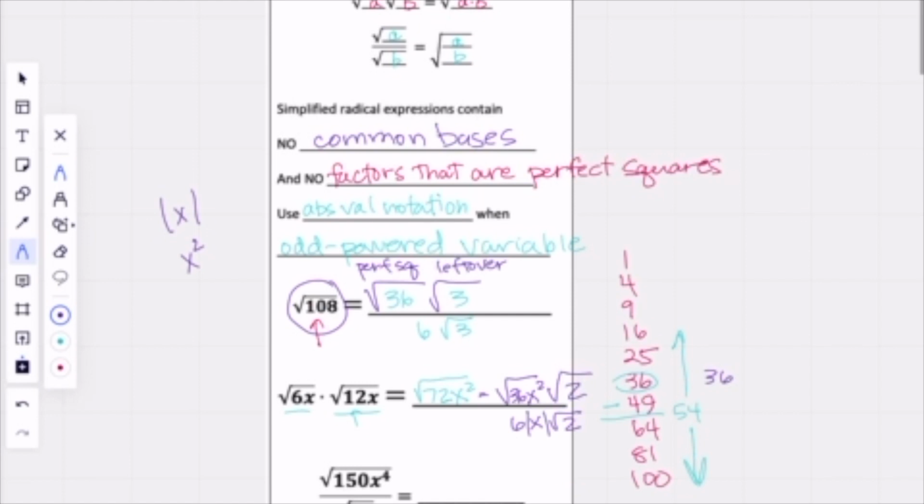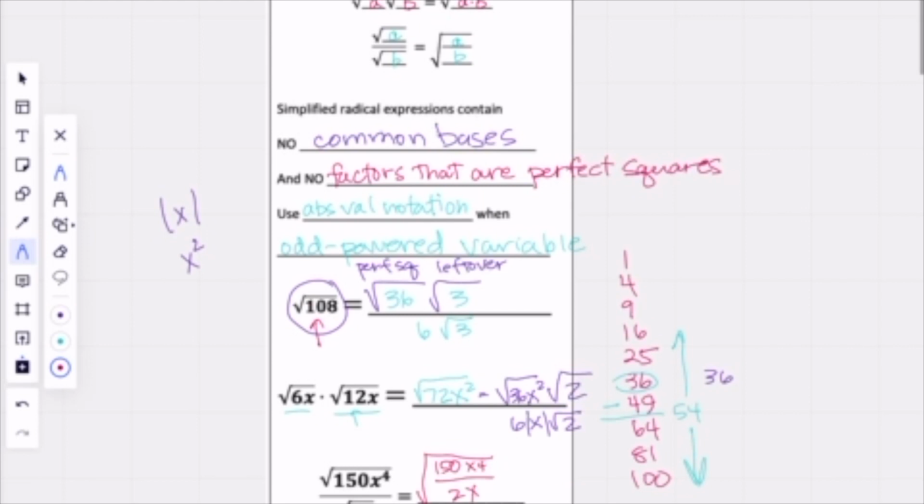The last one we're going to work on together. We're going to look at the square root of 150x to the fourth divided by the square root of 2x. Let's put those two things together under one radical. We have 150x to the fourth divided by 2x.